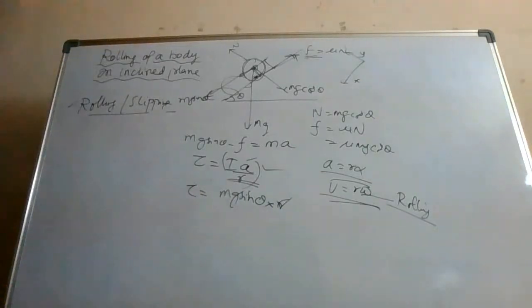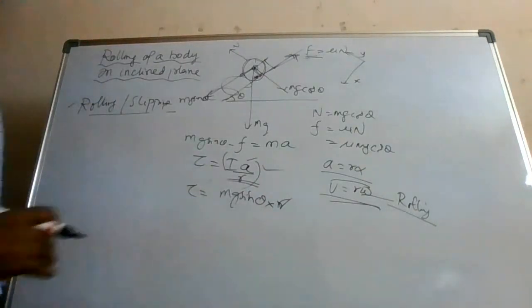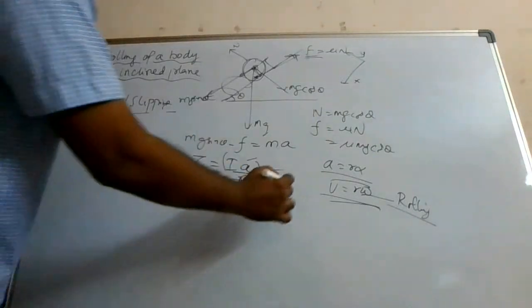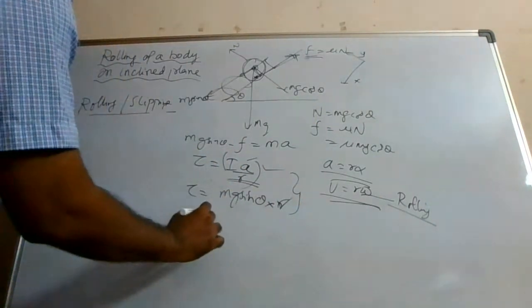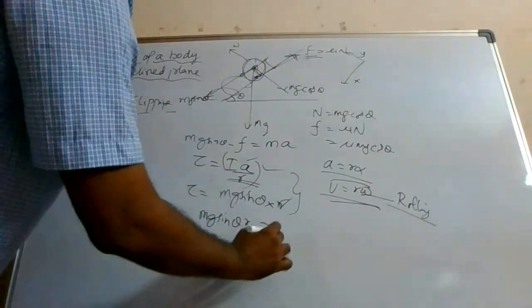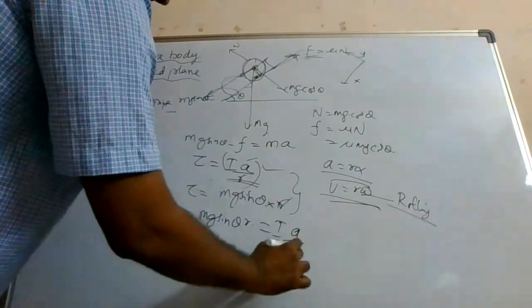So let us solve for the value of a. So here what we will do is, we will equate these two. This becomes mg sin theta multiplied by r is equal to I times a by r.